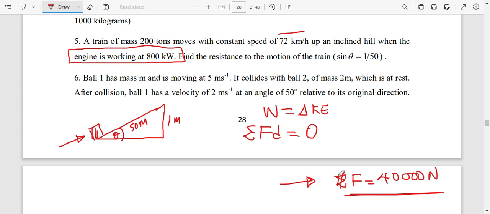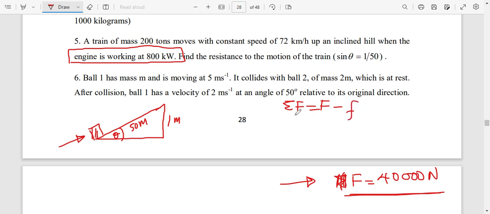I'm not going to even call it the net force because that is the power at which the engine is working, and so that is the force at which the engine is also pushing up.